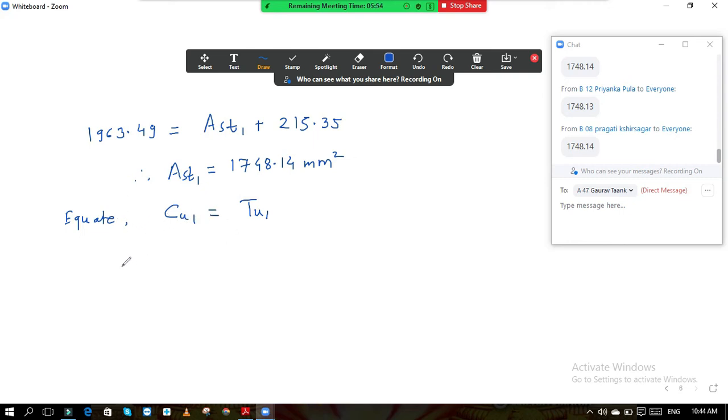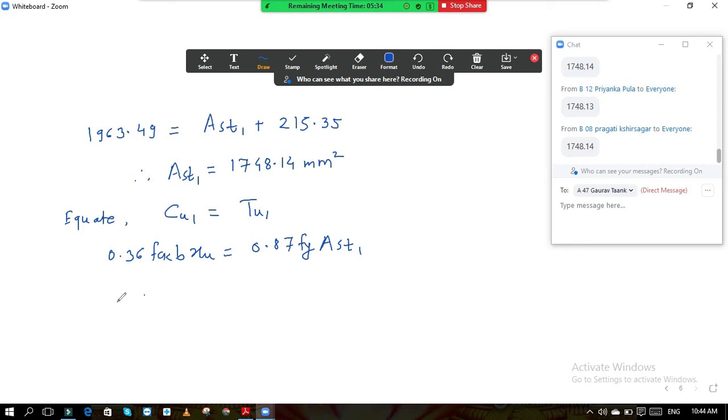Okay. So it is 0.36 FCK B into XU, which is equal to 0.87 Fy into AST1. Now just you need to put the values.